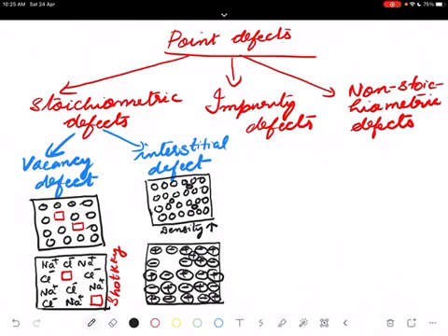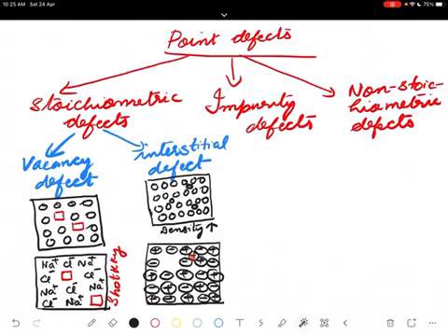It creates a vacancy defect here at its original site and an interstitial site at its new location. This is the new location.